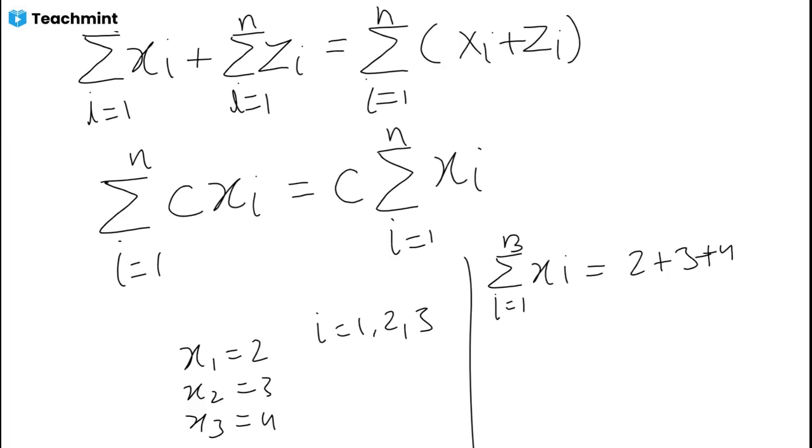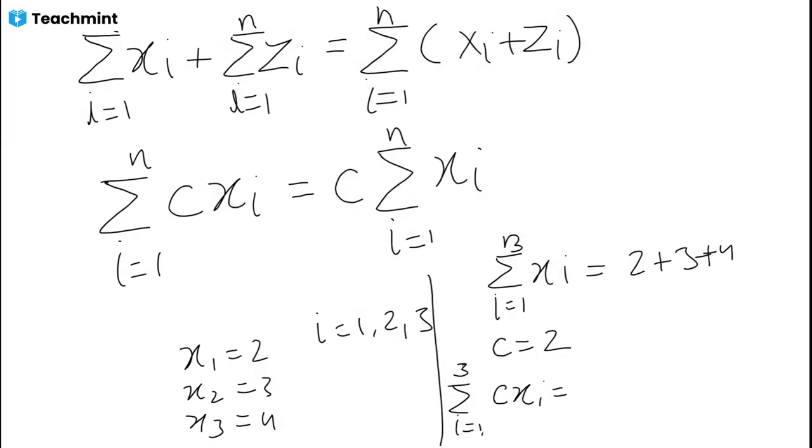And if c is equal to 2, then c into xi, what will we have? Summation i is equal to 1 to 3 only, not n, because here n is equal to 3.